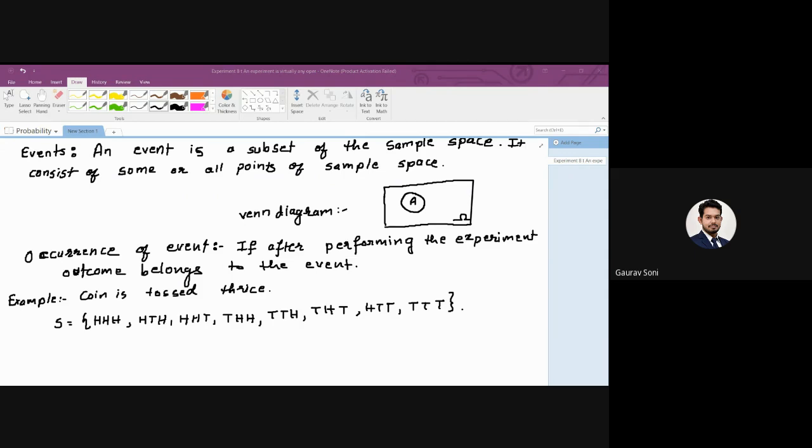Three times a coin is tossed, and in all there are 8 possibilities that we can get.